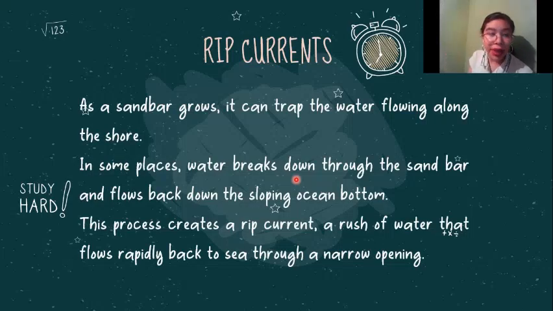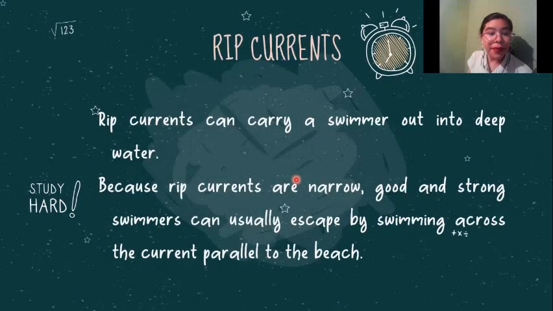Let's check out how this looks. Rip currents can carry a swimmer out into deep water. This current is very fast and very strong, so it pushes him or her into the deep water. Because rip currents are narrow and strong, swimmers can usually escape by swimming across the current, parallel to the beach.